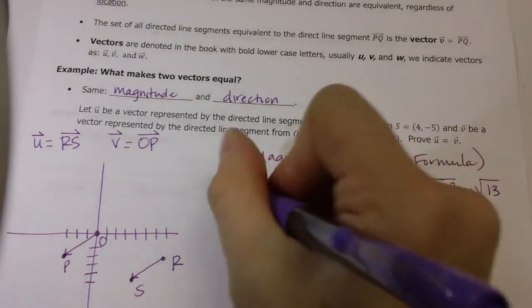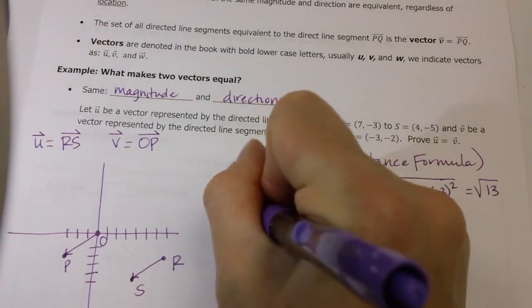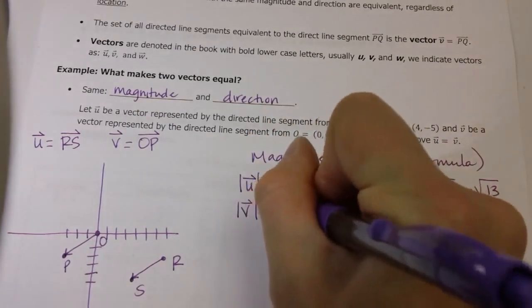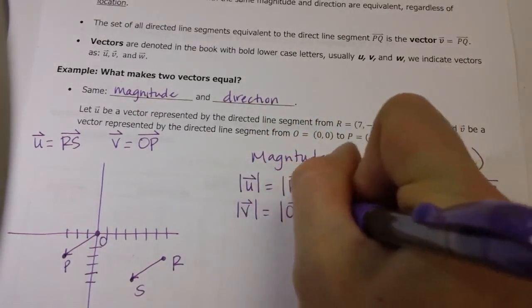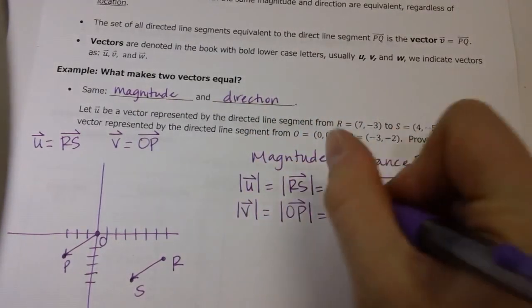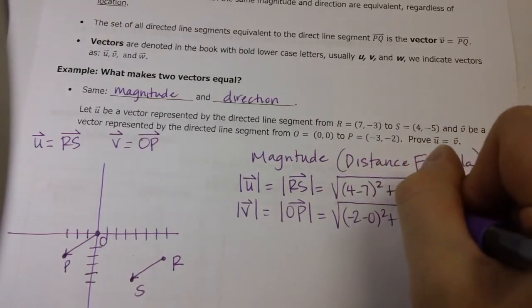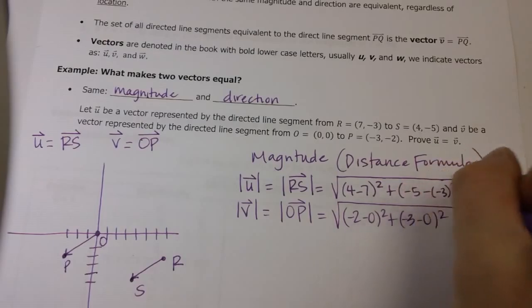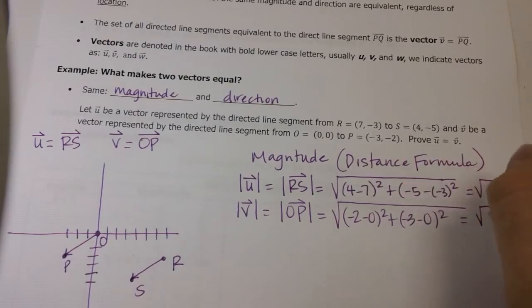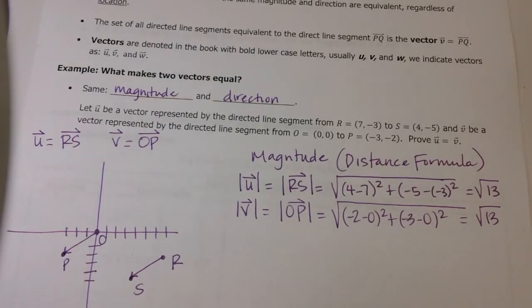Then the magnitude of v, from OP, is the square root of (-3 minus 0) squared plus (-2 minus 0) squared, which gives us the same, square root of 13. So right now all we've done is prove that their magnitudes are the same.